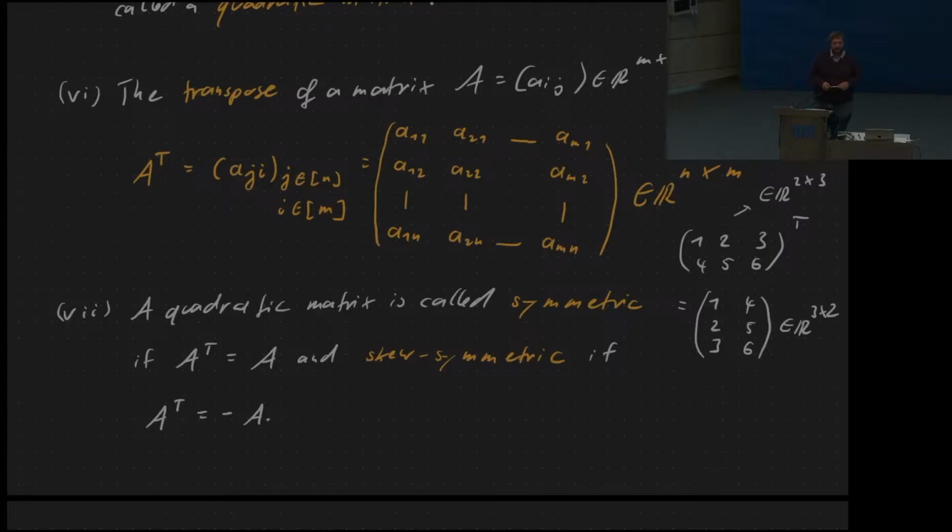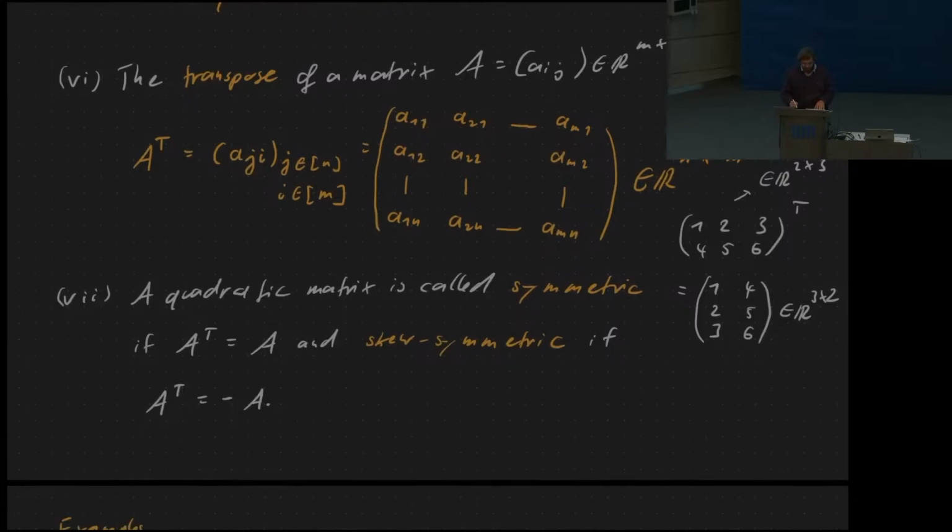For quadratic matrices, you can, of course, transpose them. The dimensions will be the same. The entries won't be the same usually, but the dimensions will be the same. And then one more thing. A quadratic matrix is called symmetric if transposition doesn't change it. Quick example.